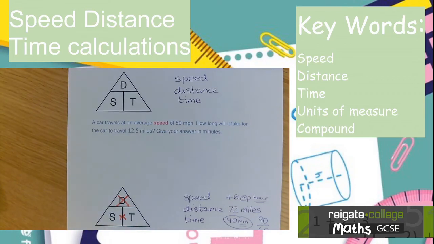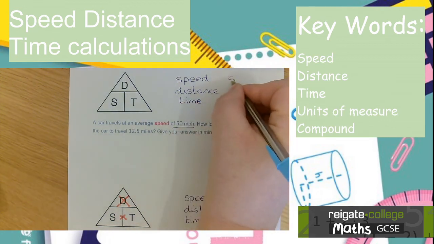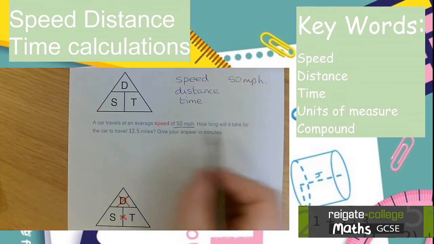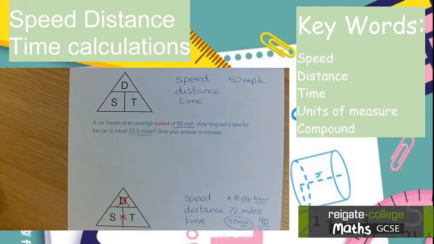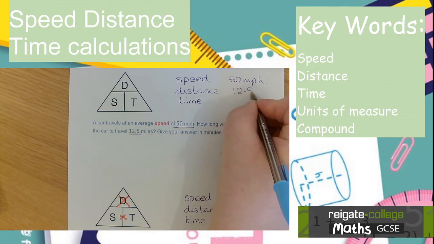Here's a tricky question. A car travels at an average speed of 50 miles per hour. How long will it take the car to travel 12.5 miles? Well, 12.5 miles is our distance.